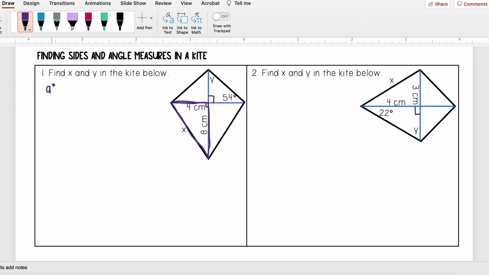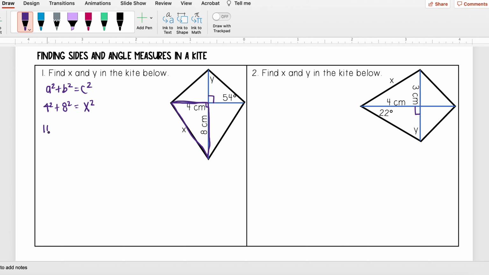And so I have a squared plus b squared is equal to c squared. And so my a and my b are my legs, and so it's going to be 4 and 8. So I have 4 squared plus 8 squared is equal to my hypotenuse squared, which here is x squared.